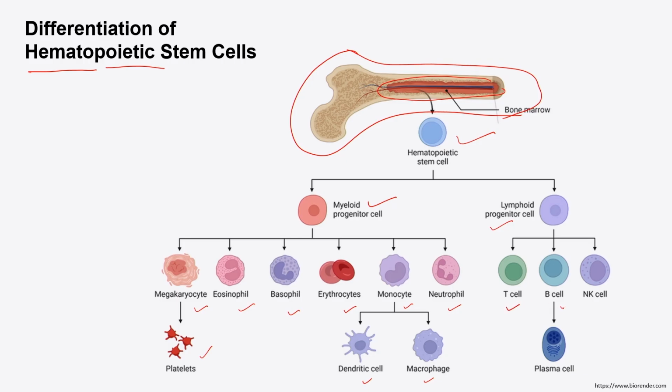T cell and B cell are the lymphocytic population, and the natural killer cell is a cell of the innate immune system, while B cell can further be differentiated into plasma cell, which is a memory cell. All these cell lineages are distributed in the body in different proportions. Any deviation in this cell population can lead to variation in the blood mass, and accordingly we can see deviation in other physiological aspects of the human being.